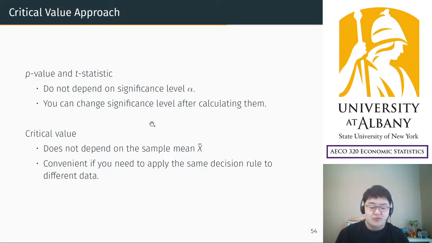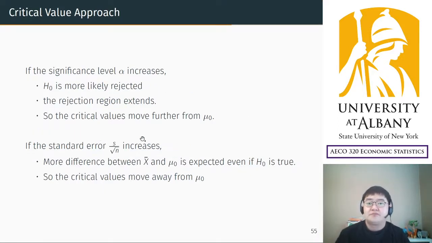The idea is it does not depend on the sample mean, so if you have to apply the same hypothesis testing to different sample means, the critical value is more useful. That's the idea, right?